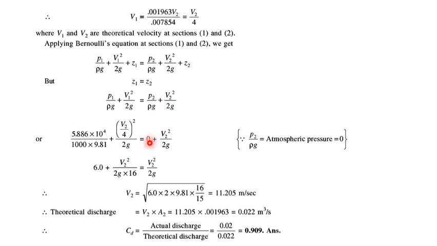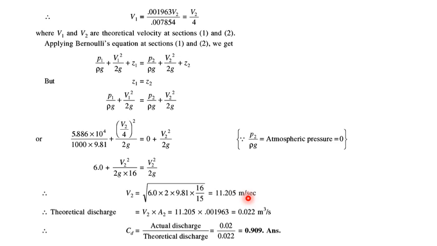So P2 is 0 plus V2 square over 2g. Now simply we have one unknown, that is V2. We can rearrange this expression and solve it to get V2, which is 11.205 meter per second.